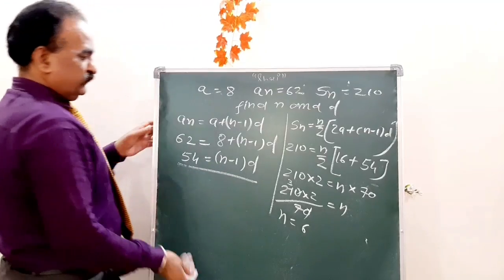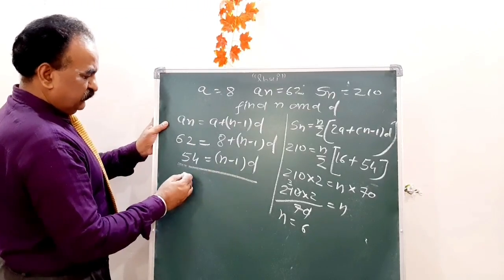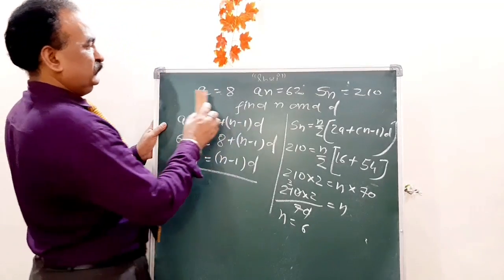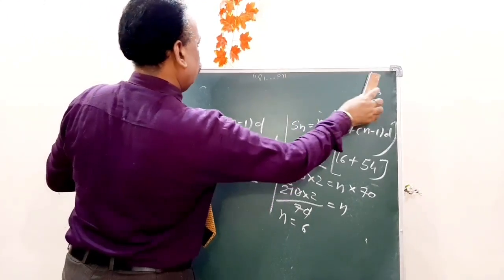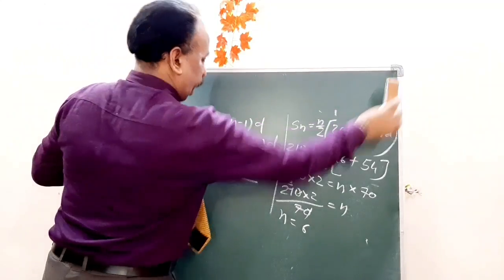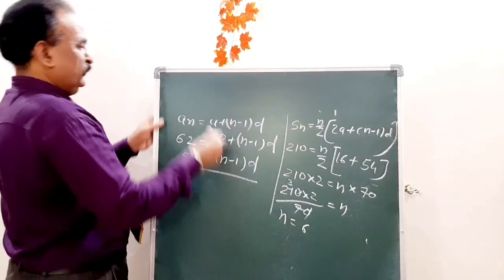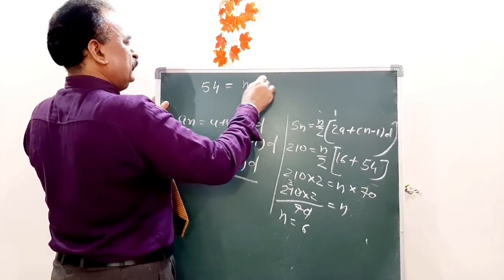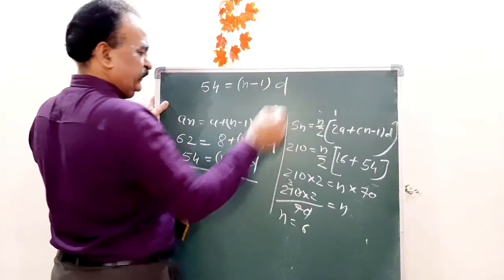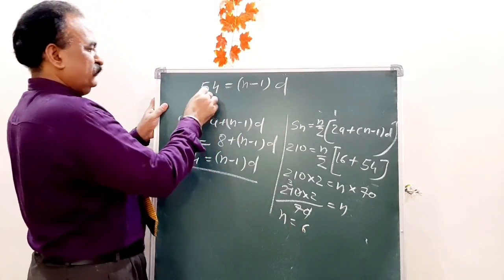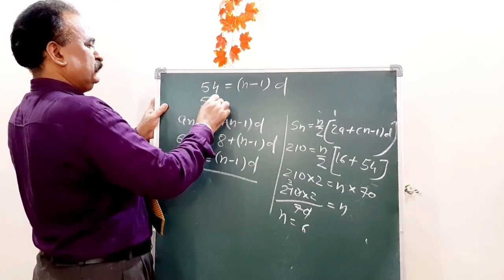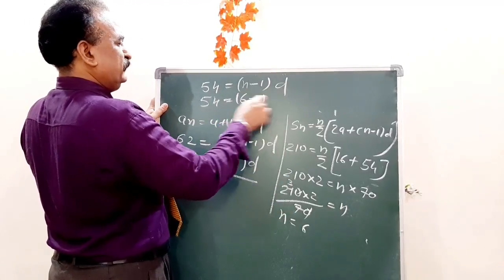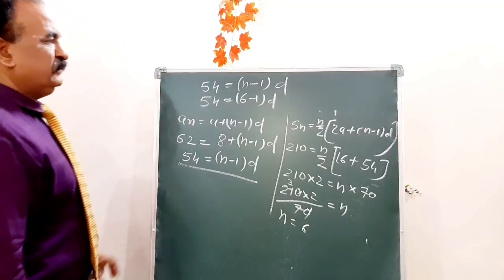n is equal to 6, and here you can put it. I think this is clear to you. n is 6, so 54 is equal to (n minus 1) into d, and n is 6, so 54 is equal to 6 minus 1 into d.